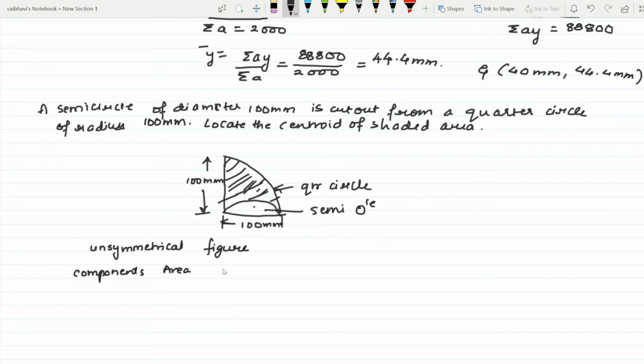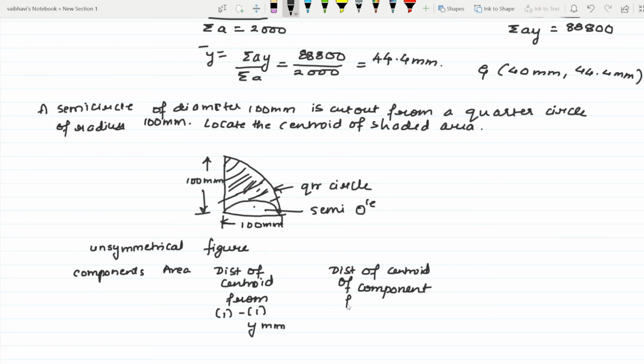Then what we have to find is the distance of the centroid of the component from the reference axis, that is x.